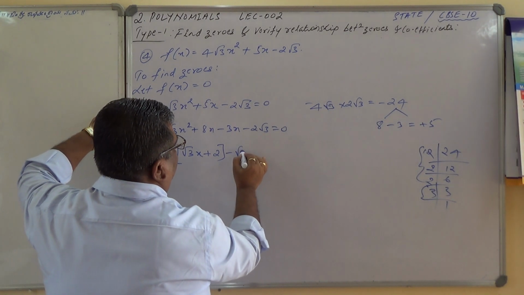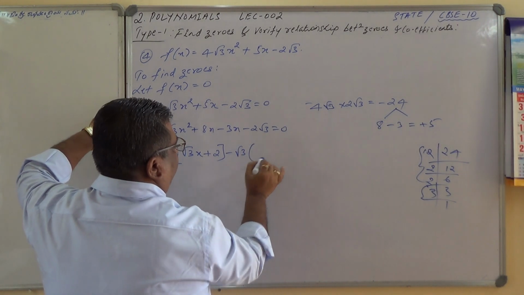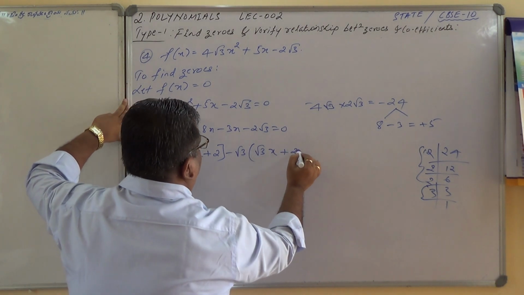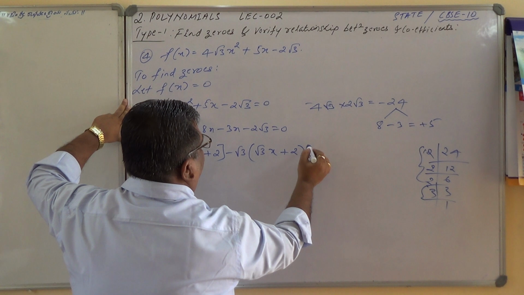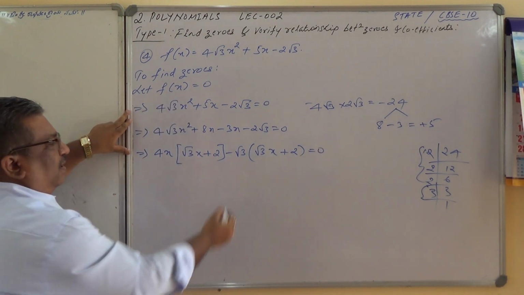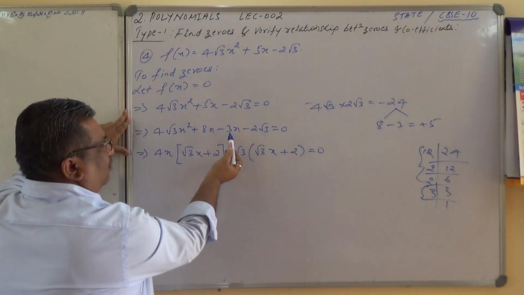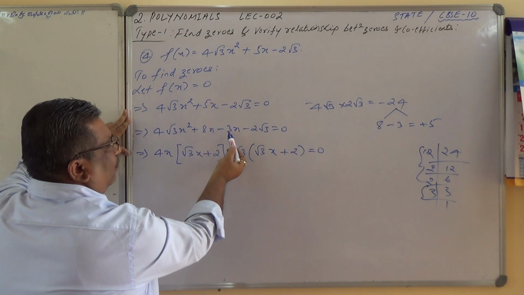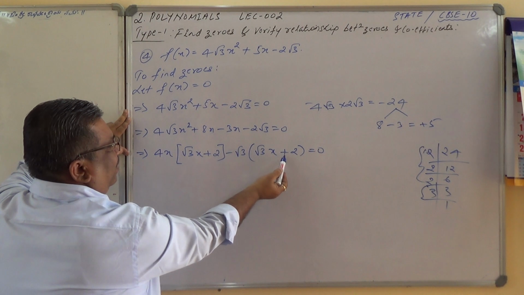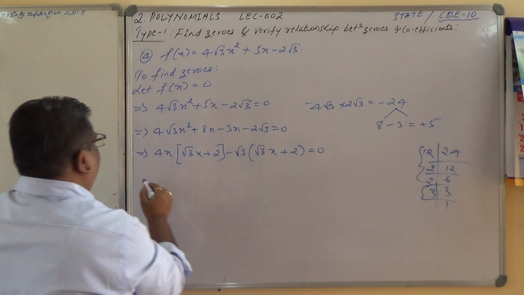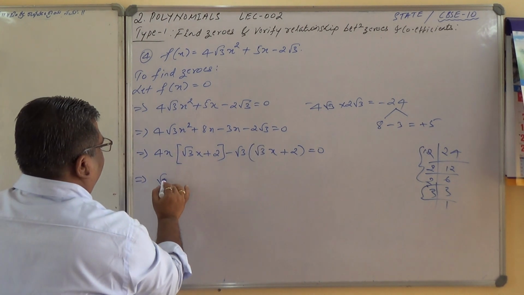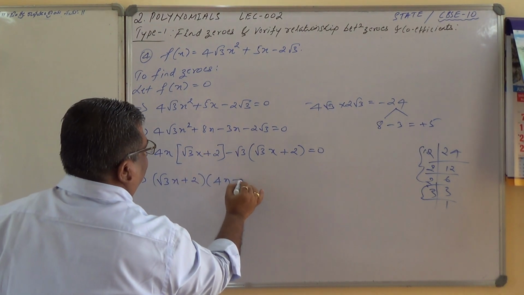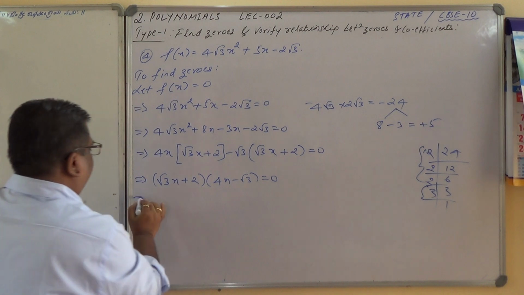Minus, I'll take root 3 into bracket root 3x plus 2 equals 0. Are you able to understand what I did? It is written as root 3 into root 3 times x. Root 3 I have taken common, minus root 3. So this will become root 3x and this minus will become plus here and 2 is common. Therefore implies root 3x plus 2 into bracket 4x minus root 3 equals 0.